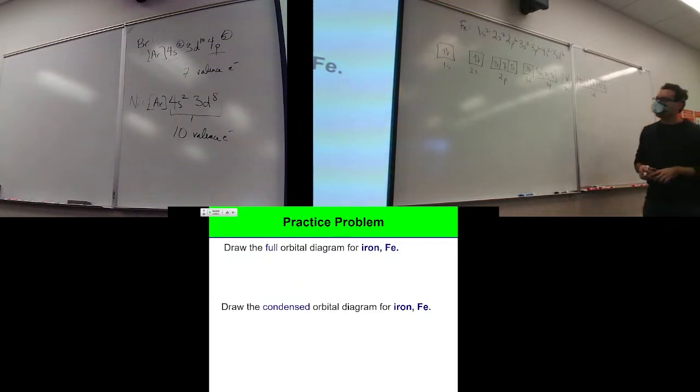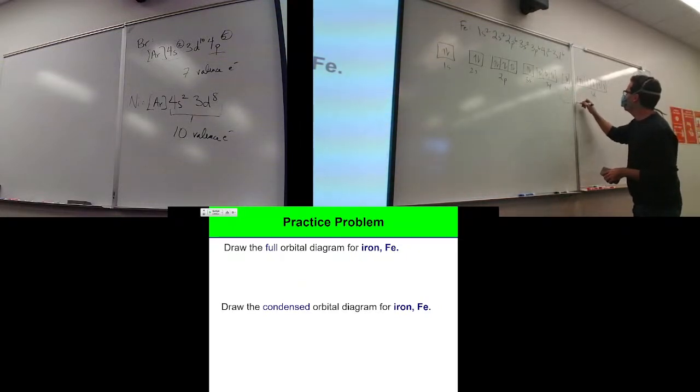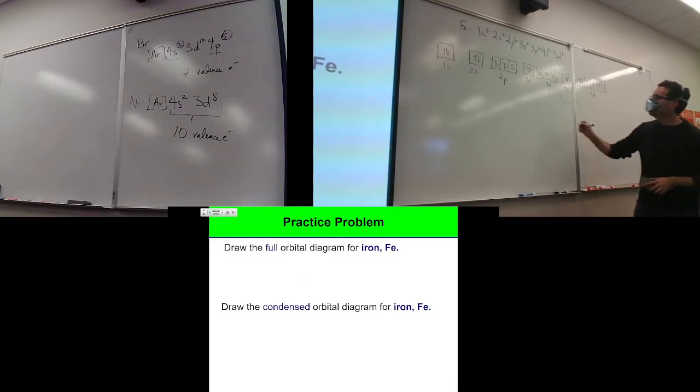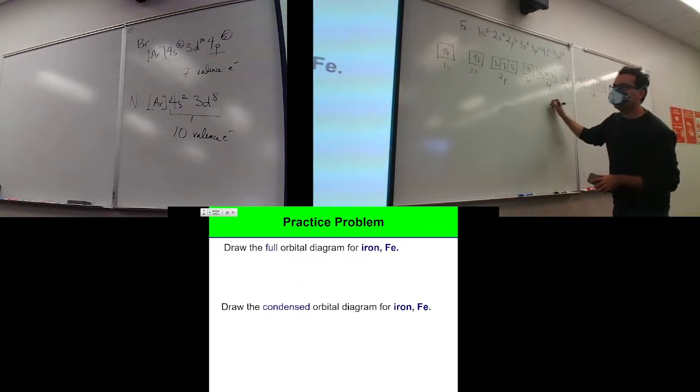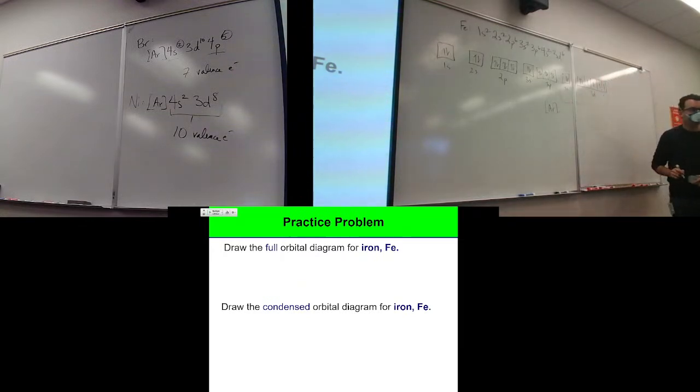The condensed orbital diagram would be just this part. You could do this. To be clear, it's an argon core, and then the rest of that stuff. So, orbital diagrams, almost the same as condensed or electron configurations.